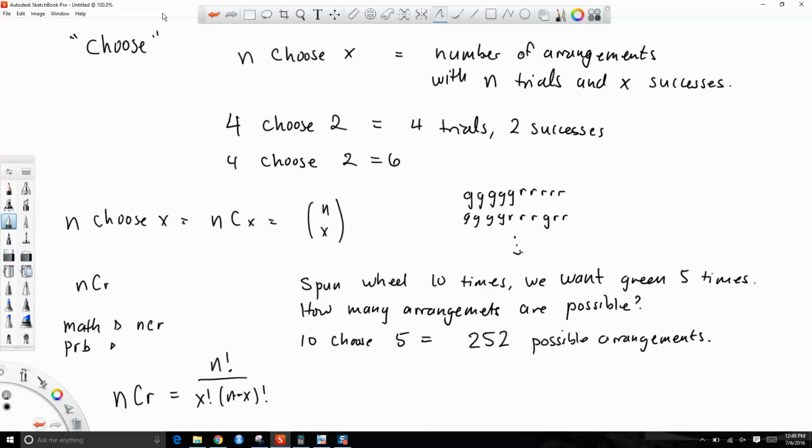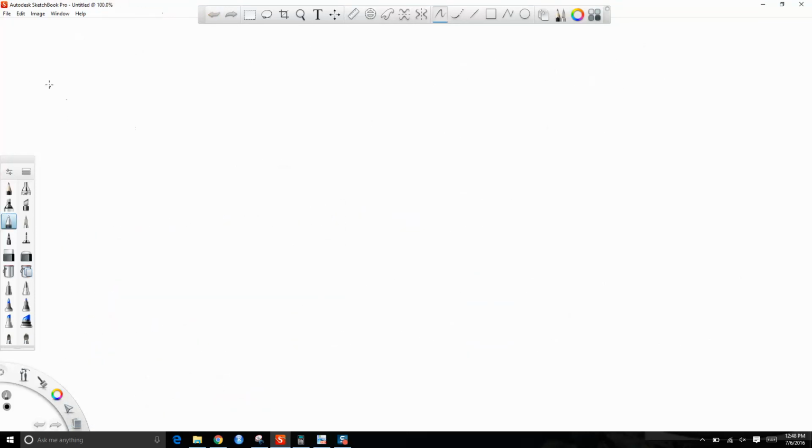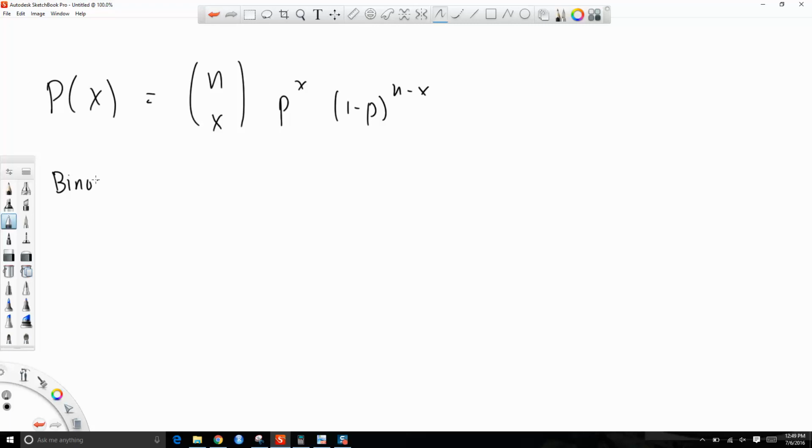So the probability of getting x is going to be n choose x, times p raised to the x, times 1 minus p raised to the n minus x. Okay, or binomial. All right, good luck.